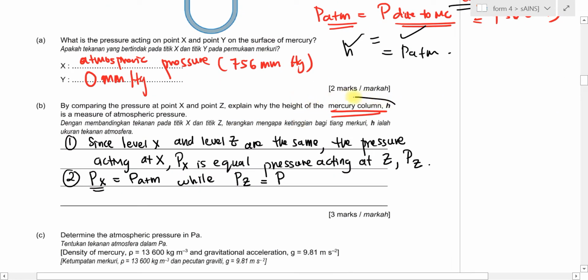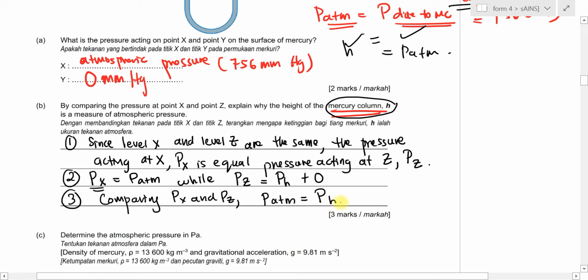The mercury column, they already tell us, is the height, right? So I put H, pressure of H plus 0. So, comparing pressure X and pressure Z, the atmospheric pressure is equal to the pressure due to the height of the mercury column.